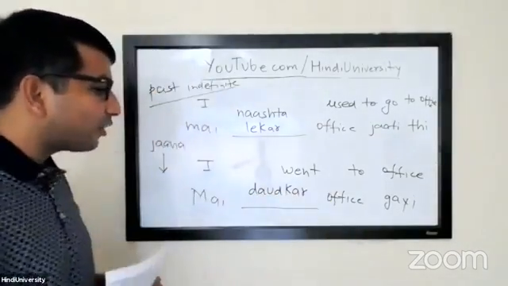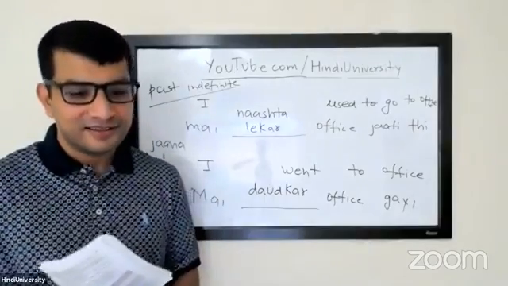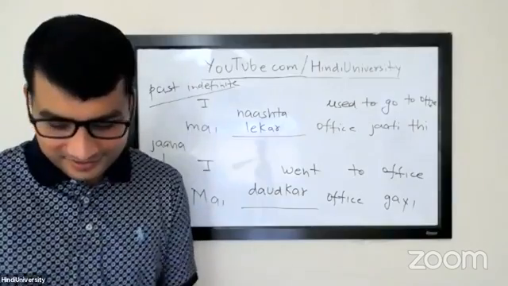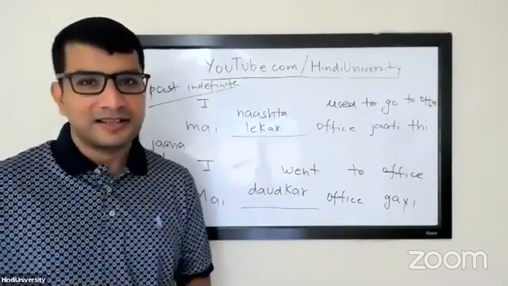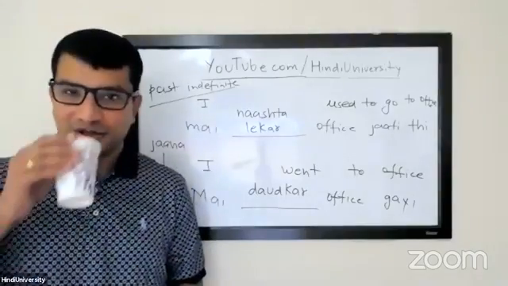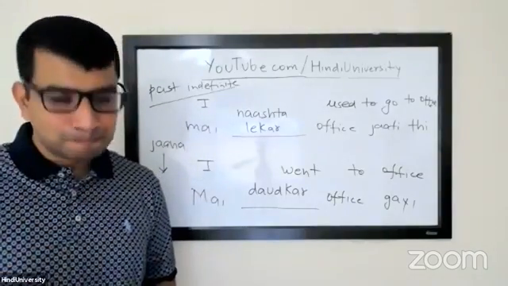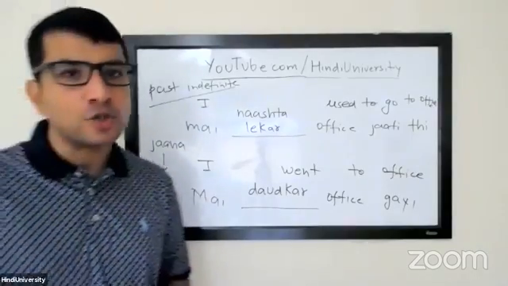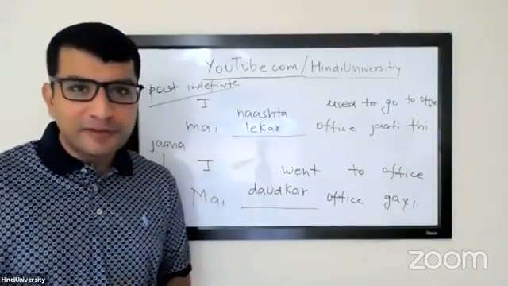Okay, awesome. मैं दौड़कर, what does it mean? I ran and I went to the office. Right. I mean, essentially, you can say it in different ways in English, I'm sure.